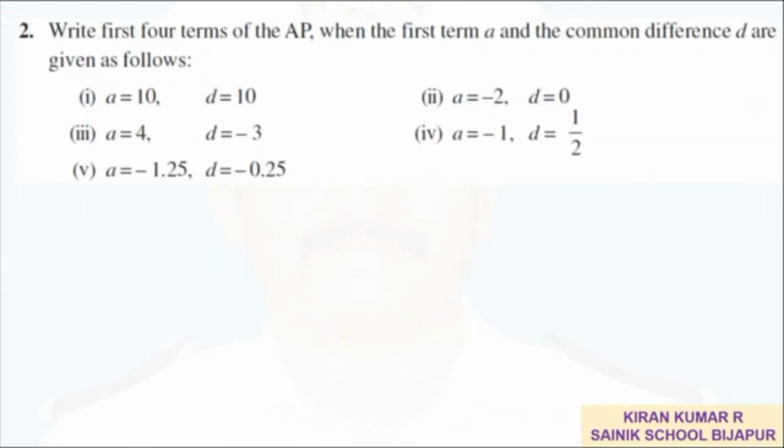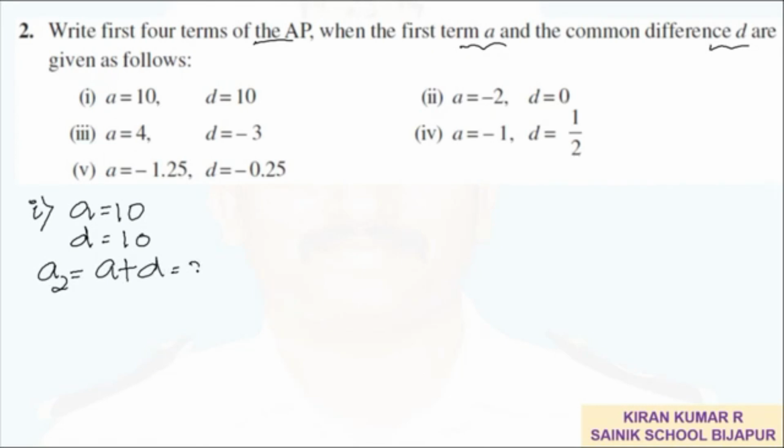Have a look at the second question. Write the first four terms of the AP when the first term A and the common difference D are given as follows. I will solve a few of them. First one, suppose I consider A as 10 and D also as 10. Then the second term is A plus D, which is 20.